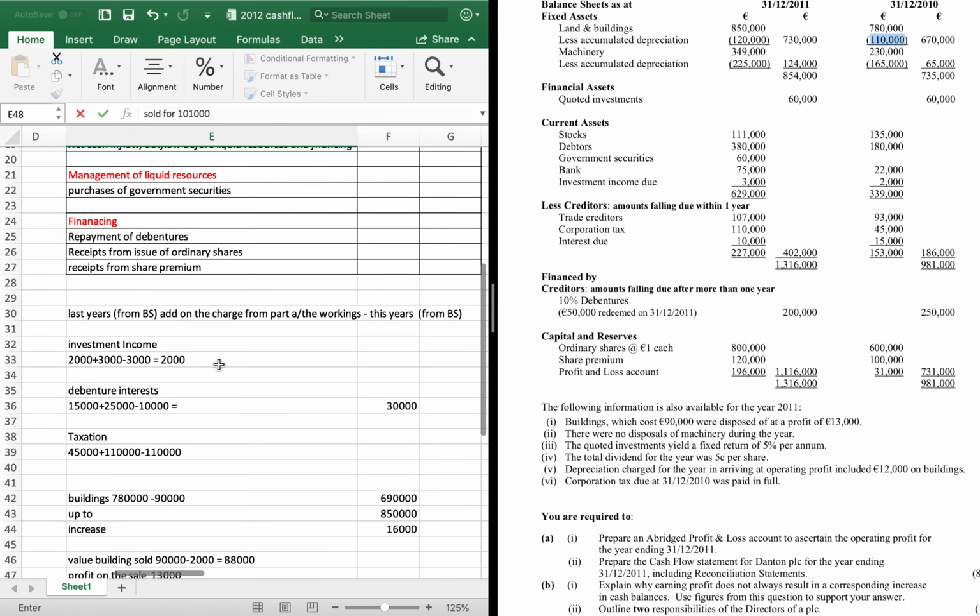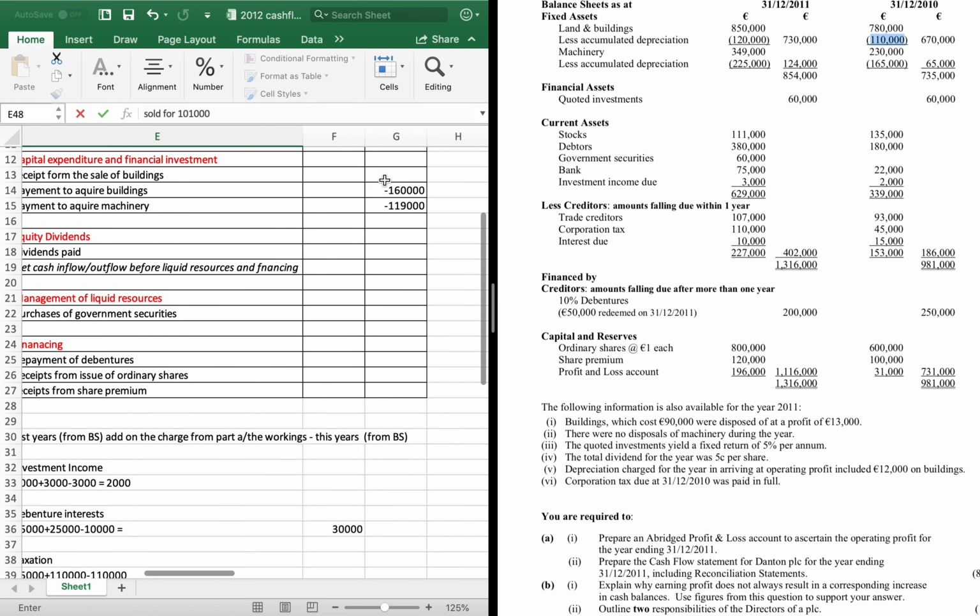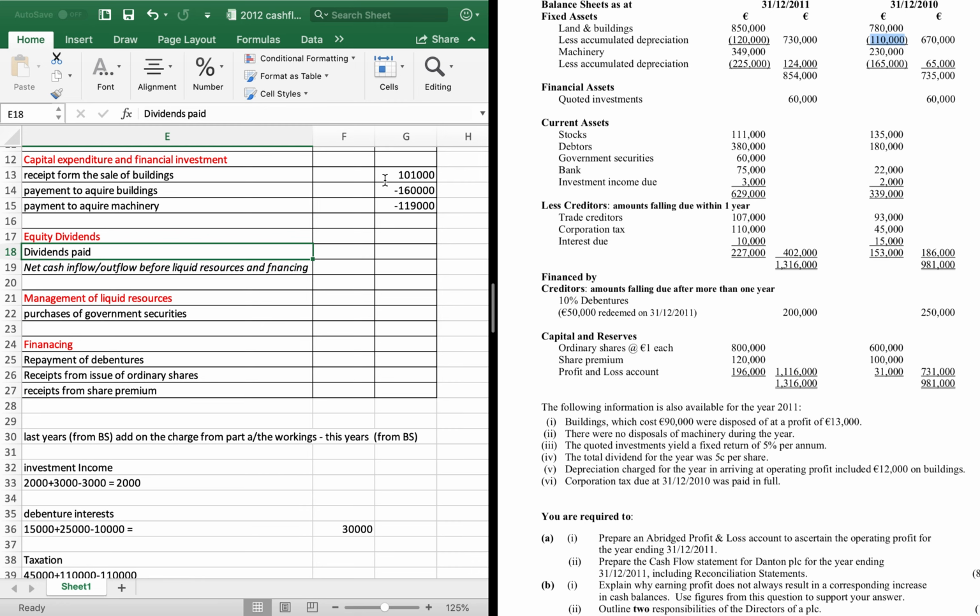Okay, so we've received 101,000, so that's a plus. Okay, so the overall effect of that is minus 170 something or other. Okay, anyway, next step, last one, is the dividends paid.